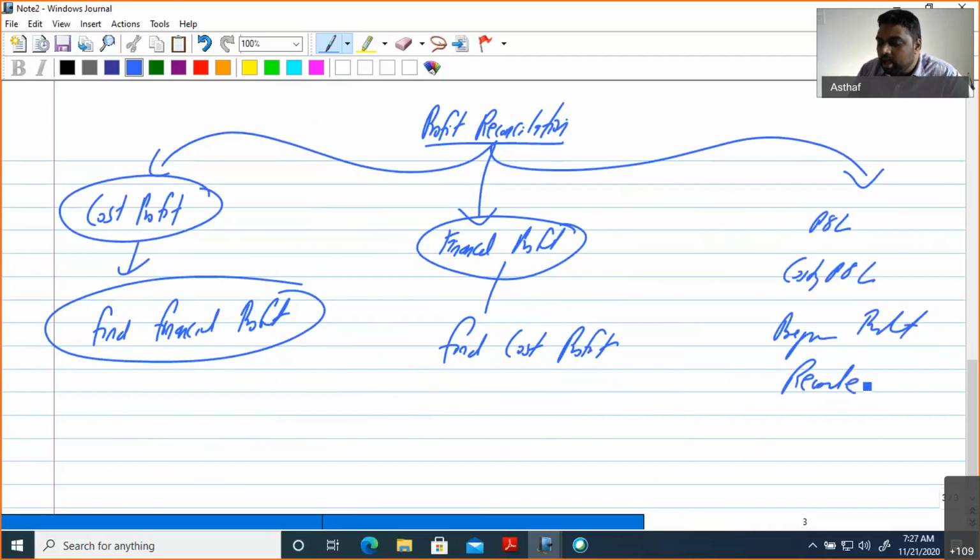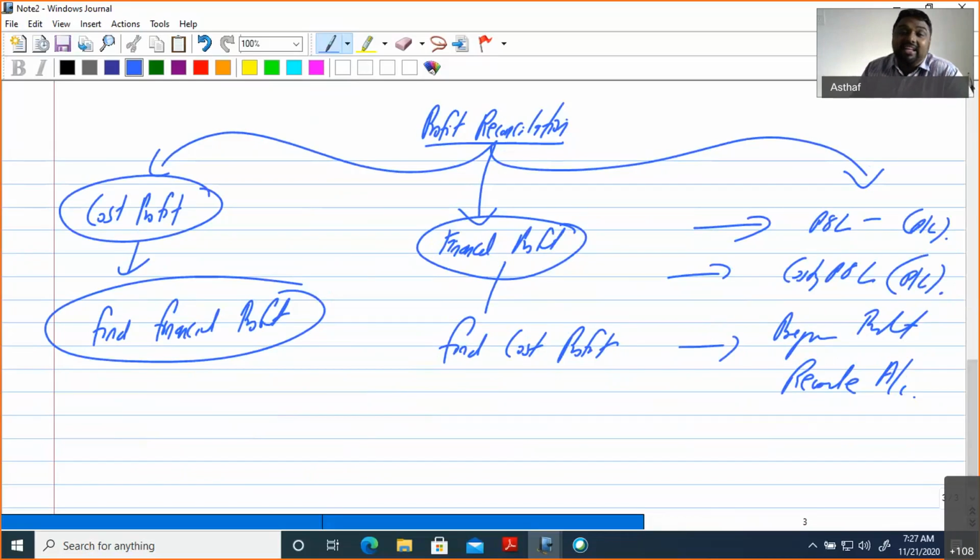That means we have to prepare the P&L, we have to prepare the cost sheet. If you prepare the P&L, you will get one profit or loss; if you prepare the costing profit, you will get one profit or loss. Next you have to prepare the profit reconciliation account. That means from scratch we have to do. These are the three ways they will test in your exam.